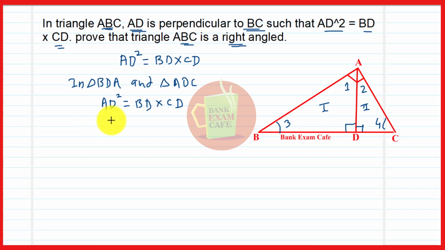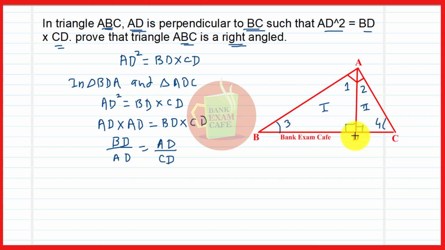And since we can write this as AD into AD, then it means AD into AD is equal to BD into CD. So if you take AD to this side, it will be BD upon AD, that is equal to, if you take CD to the other side, AD upon CD. It means it is given that these ratios are equal.